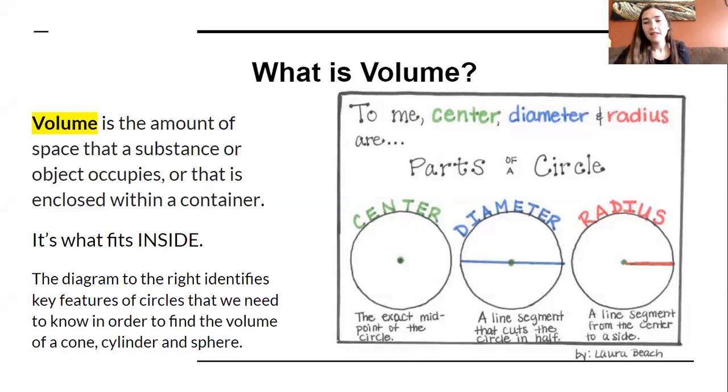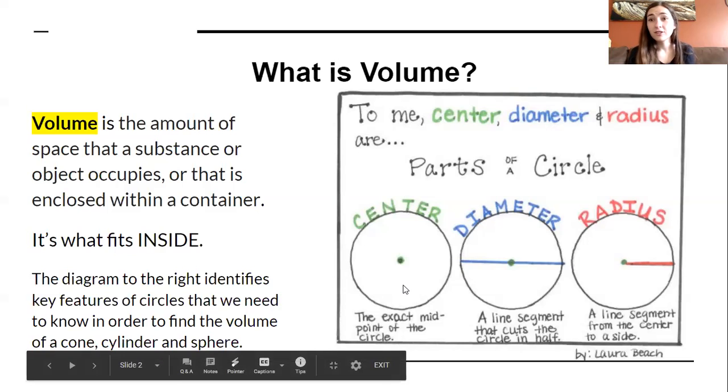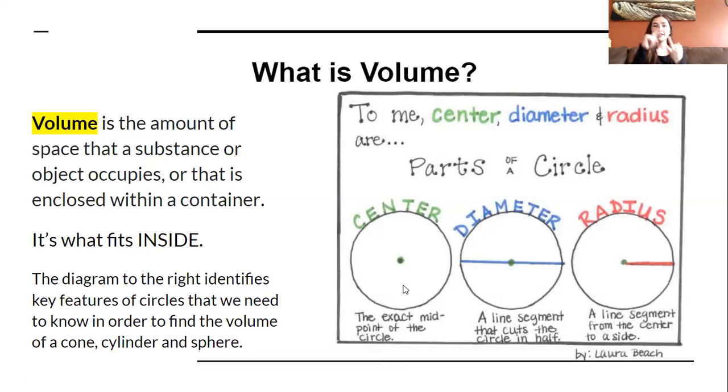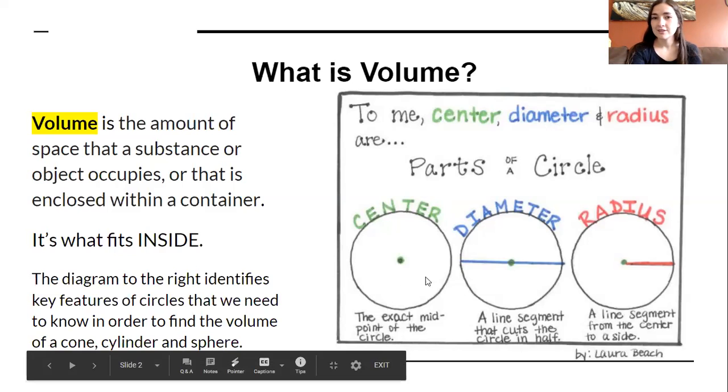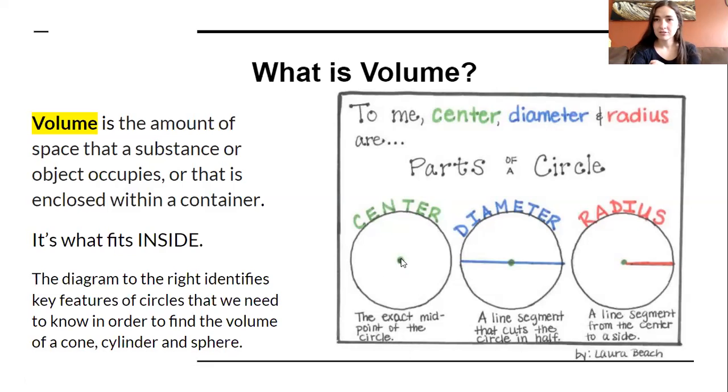Okay, and if you look over here to the right, these are key features of a circle that we're going to need to find the volume of a cone, a cylinder, and a sphere. We did this before spring break, so this is just a refresher. The center of the circle is the exact midpoint of the circle.